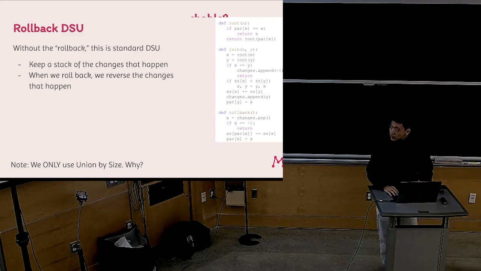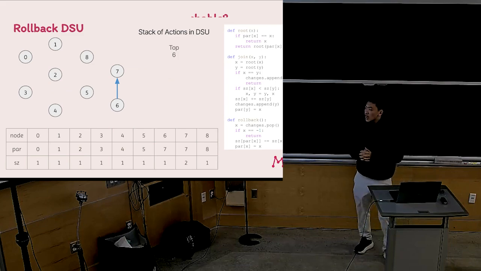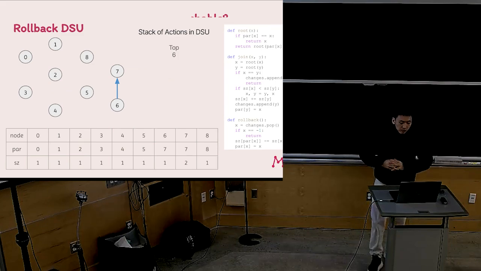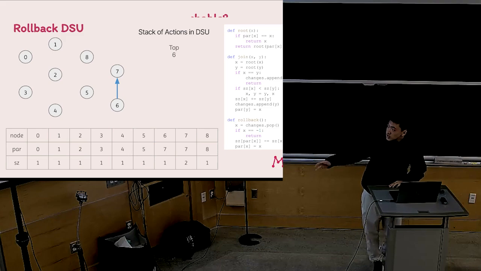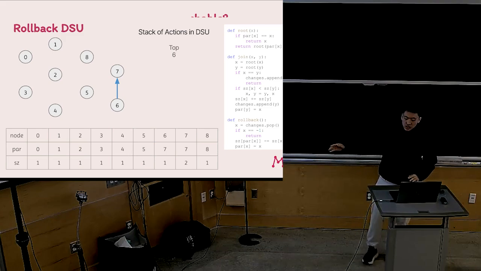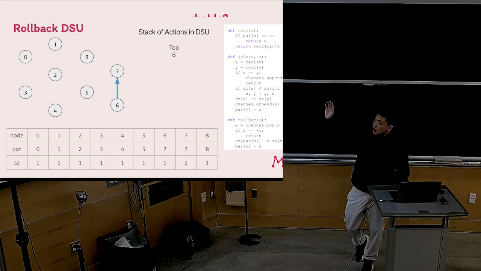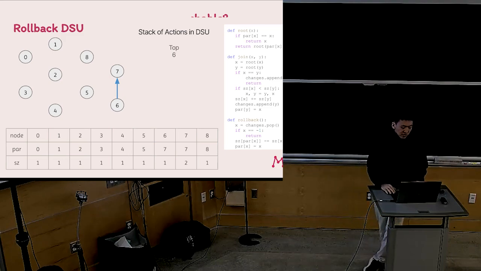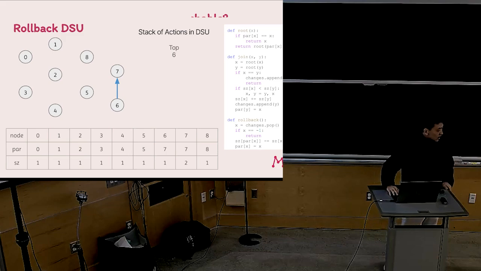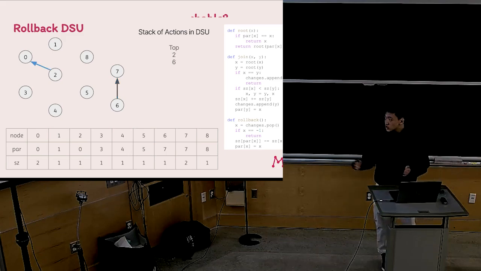As an example, we can look at an example graph. Here, we're adding an edge from 6 to 7, and along this process, we first change the parent, we update the size, and then we append it to the top of our stack. Now if we wanted to add an edge from 2 to 0, we do a similar thing.